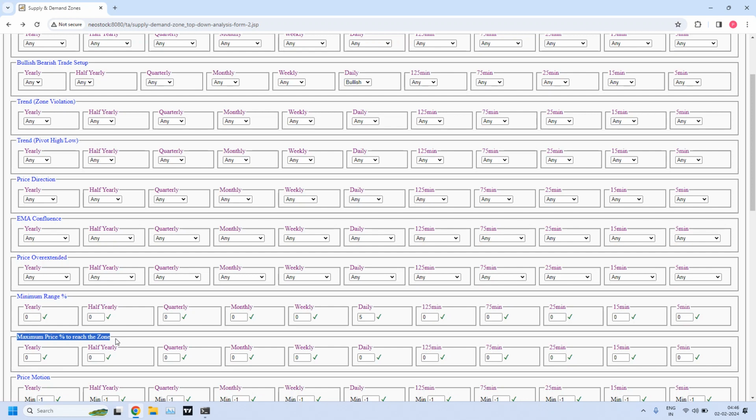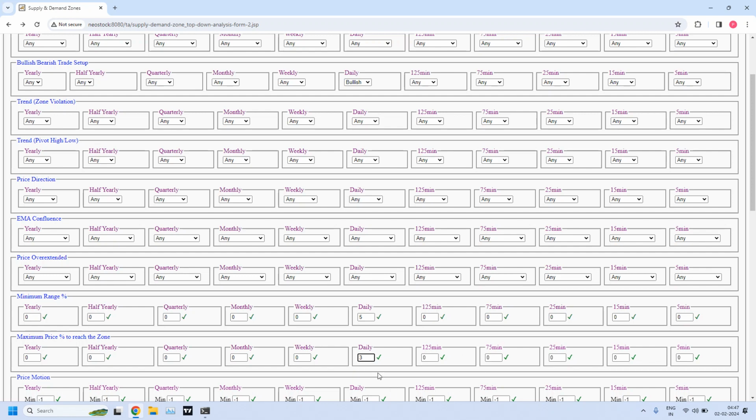So if I set 3% in the daily time frame, all the stocks within that 3% range will be listed. Some stocks could be within 2.5%, some within 2%, they all will be listed. Above 3%, 3.1, 3.2, those stocks won't be displayed to you.